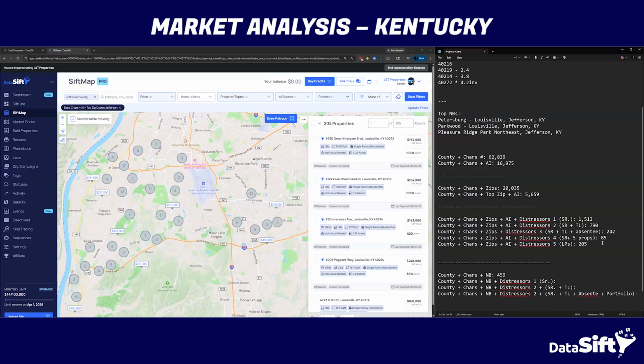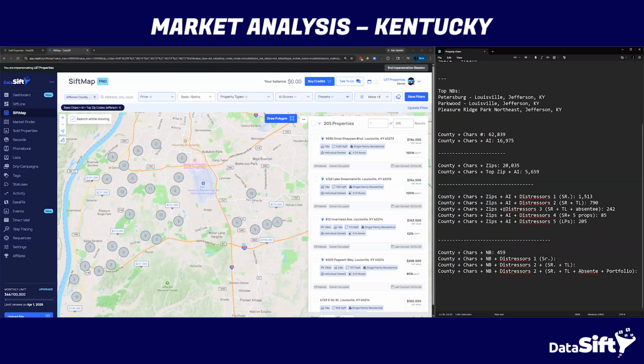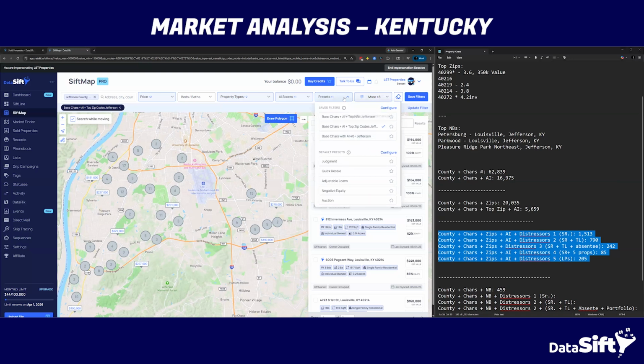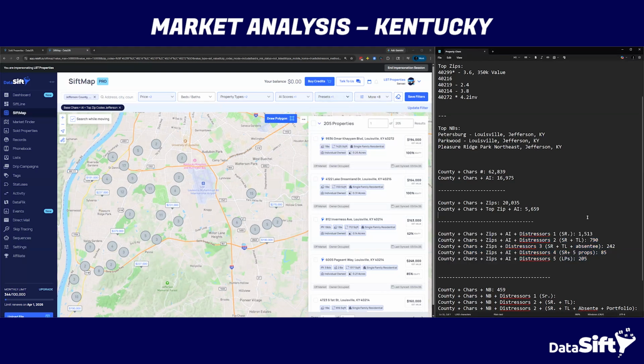Okay. And so again, we do the same thing at the neighborhood level, but the big thing to look at here is that I can save each one of these as a preset as I build them out. And I can now analyze and figure out where is the best place for me to focus, based on my budget and my resources.